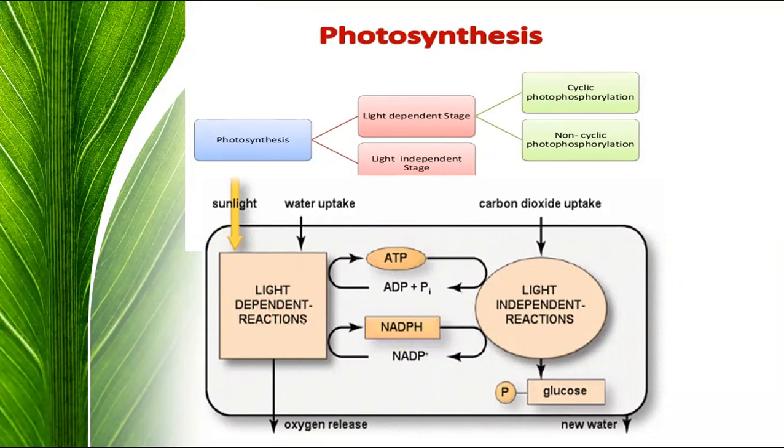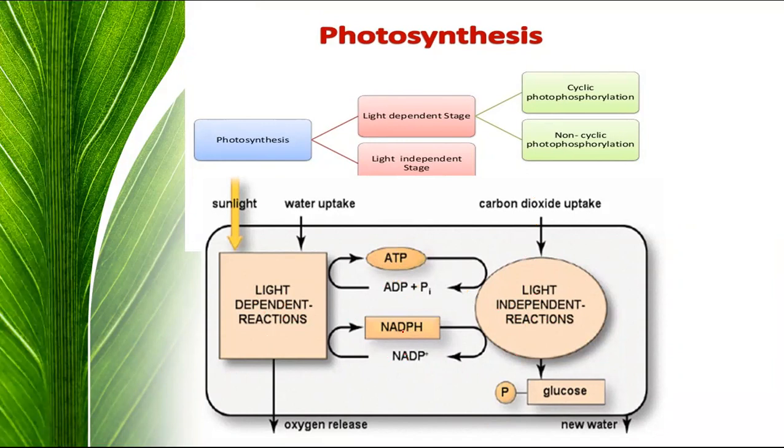The two products of the light dependent reaction are ATP and NADPH. After the formation of these two products, they move into the stroma. At night, the dark reaction occurs with the help of these two products.